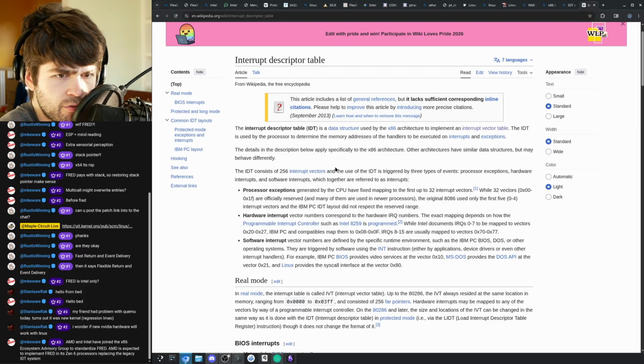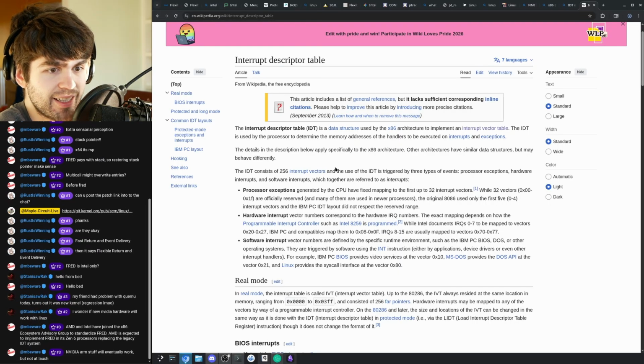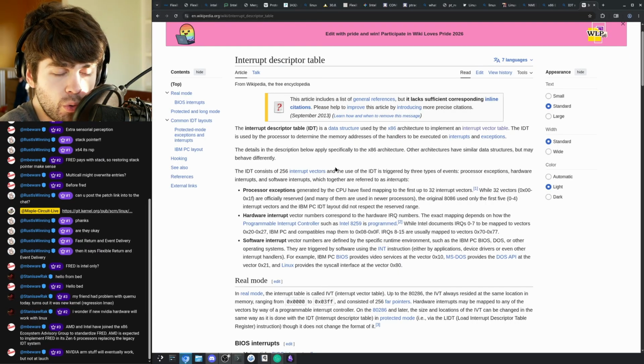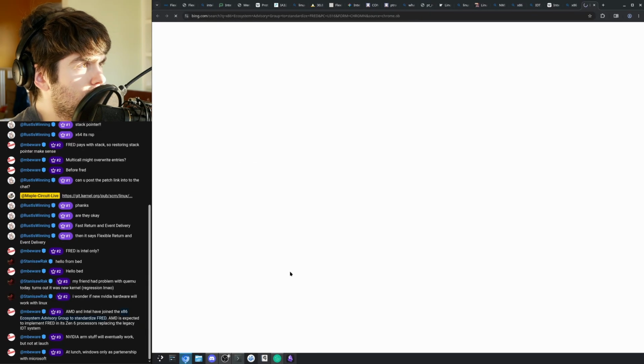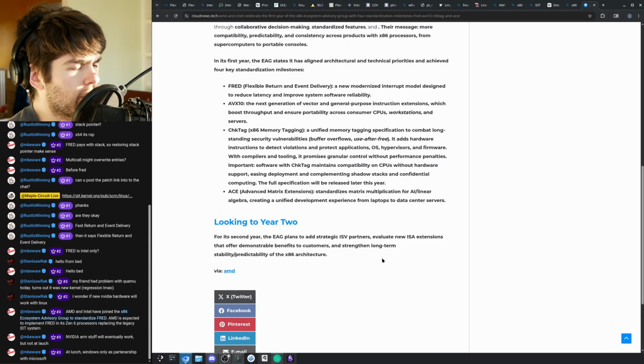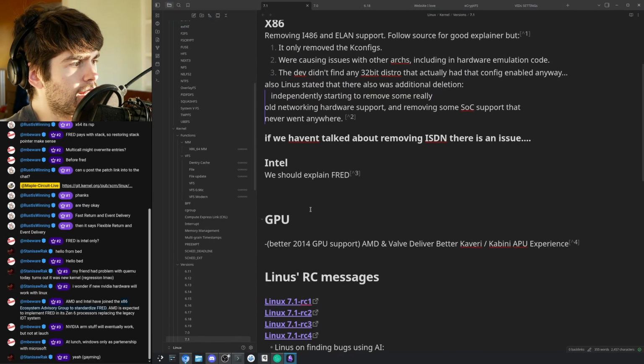AMD and Intel have joined the x86 ecosystem advisory group to standardize FRED. AMD is expected to implement FRED for its Zen 6 processor, replacing the legacy IDT system. Woo! That would be good. No way. Do you have a source for that? Oh, here. Okay, that's kind of cool. Should probably note that down.